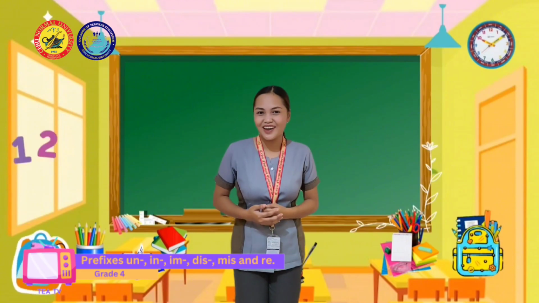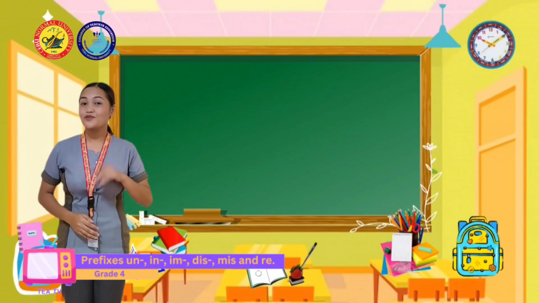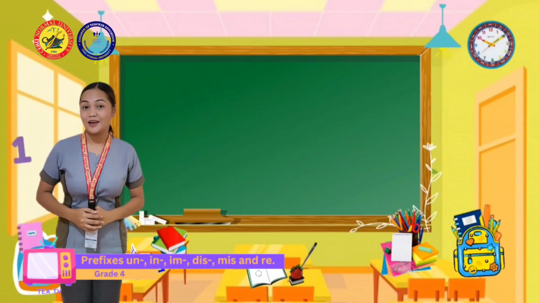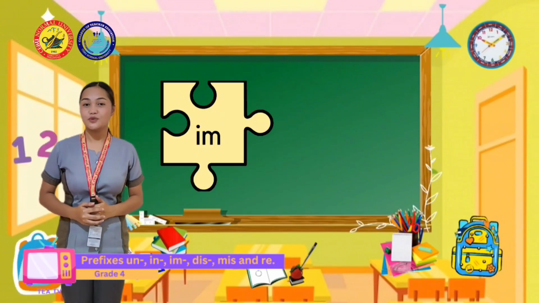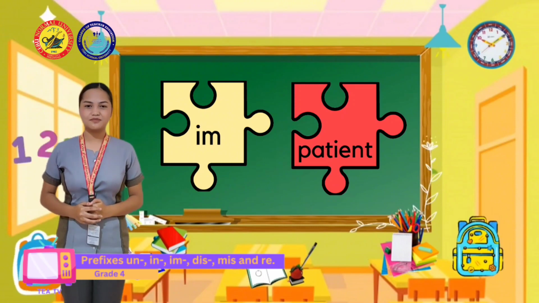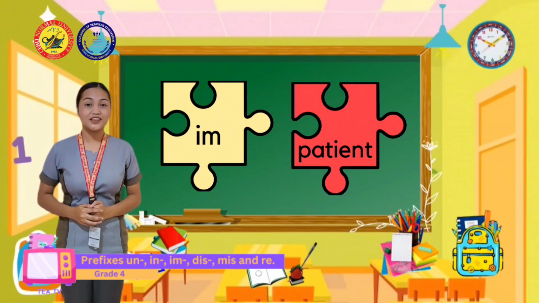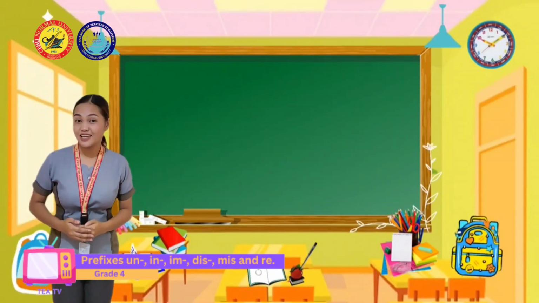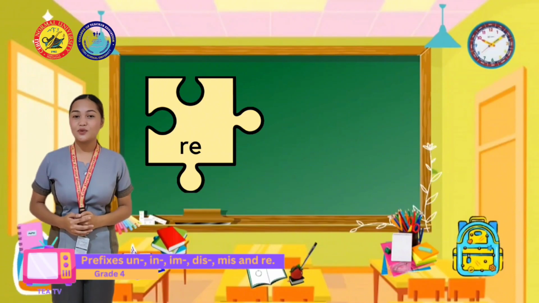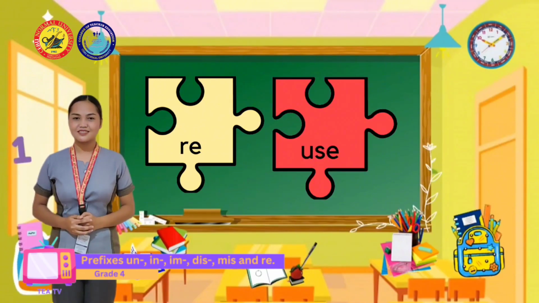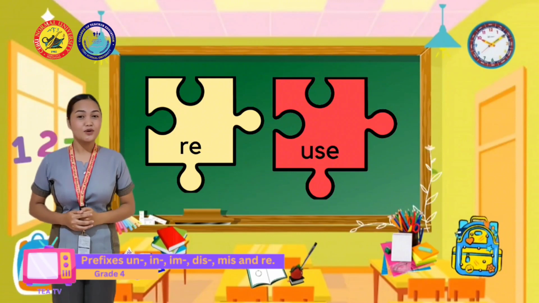If you are going to pair the yellow piece to the red one, what are the words you can create? The words that you can create are, first, im, together with the word patient, is the word impatient. And re, together with the word use, is the word reuse.